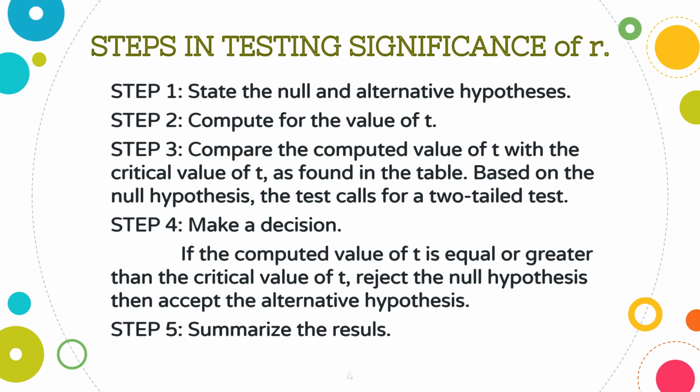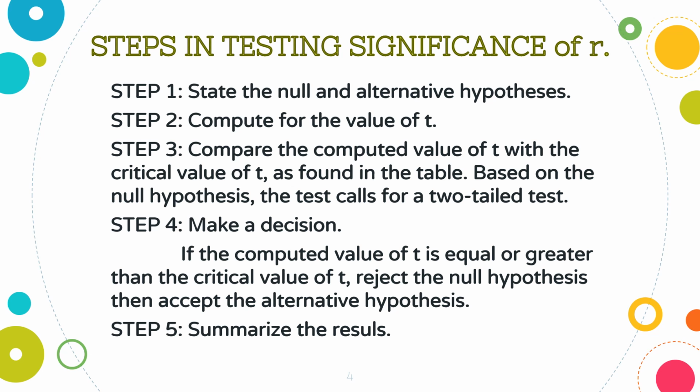So we have here the steps in testing the significance of r. Step 1 is to state the null and alternative hypotheses. I already included the null and the alternative hypotheses from the previous lesson. Step 2, compute the value of t. Then step 3, compare the computed value of t with the critical value of t as found in the table.